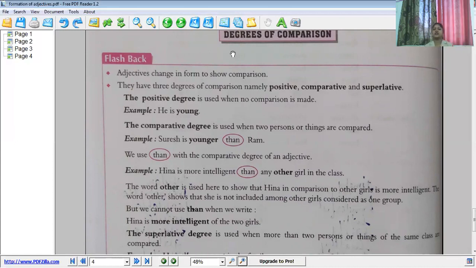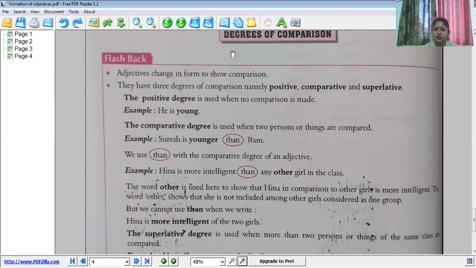So these degrees of comparison appear in adverbs as well. Okay, so more or less the structure is the same, but you see we learn about adjectives today.